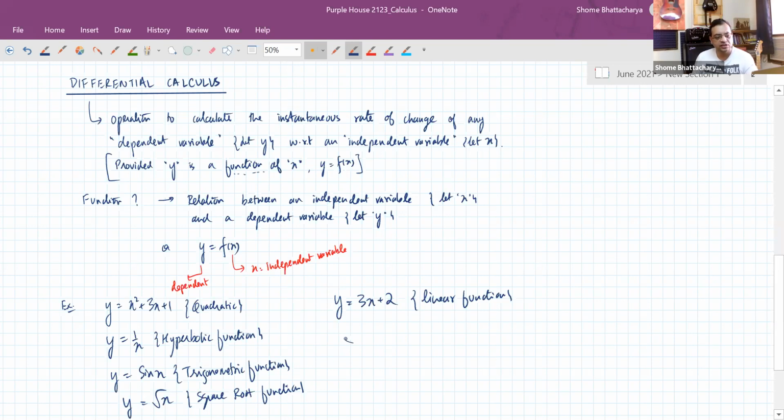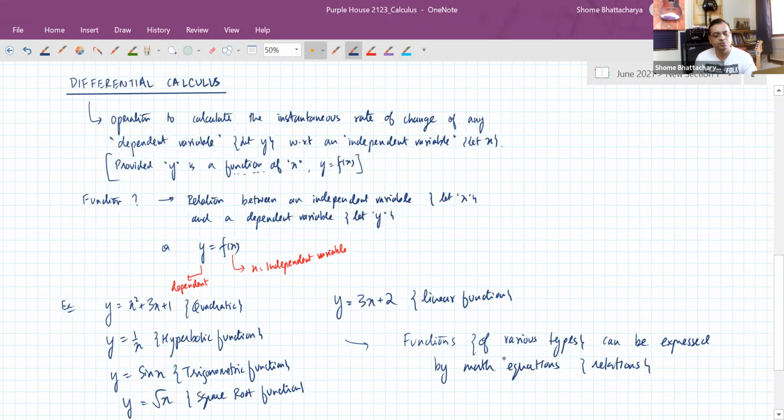So in this you can see that functions of various types, like the ones I've listed, can be expressed by mathematical equations, or in simple terms, relations. Okay. There is a bit more of technicality to this also. We will discuss about that.